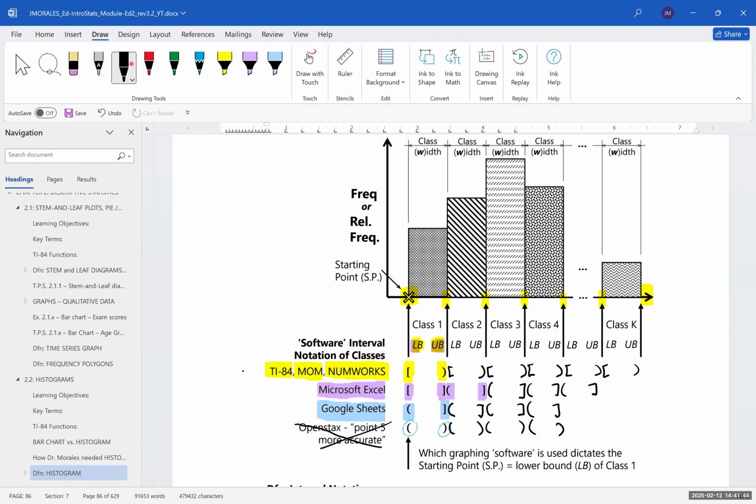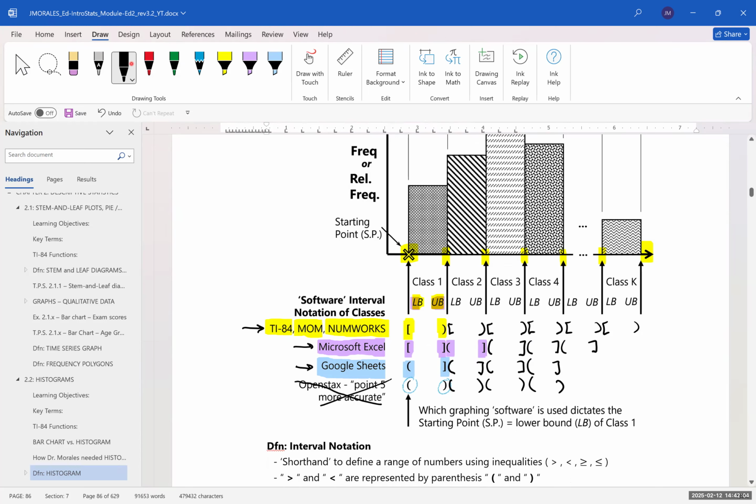You'll just need to pay attention to the fact that you're using your calculator, and this is how your calculator designs histograms. But depending on which spreadsheet software you're using, you need to pay attention to how each software package designs its histograms.